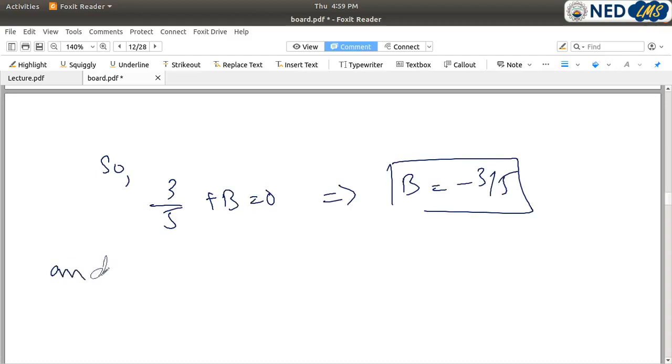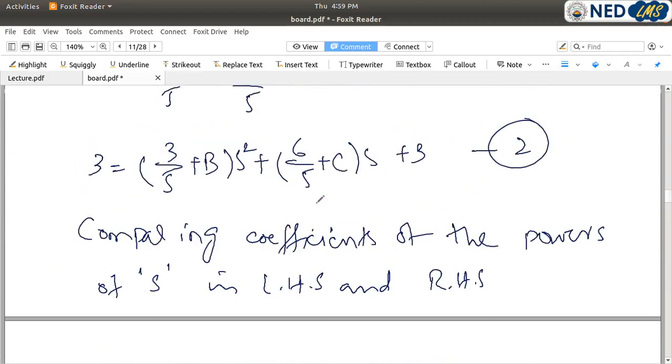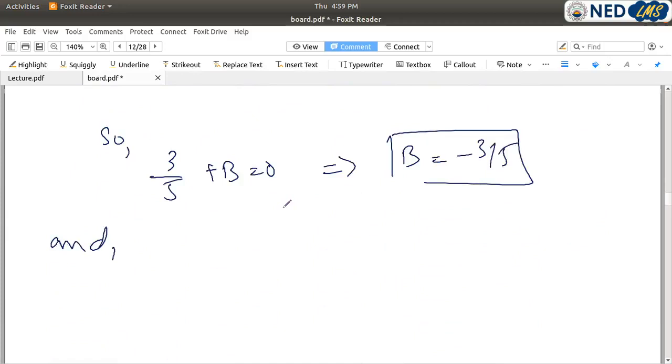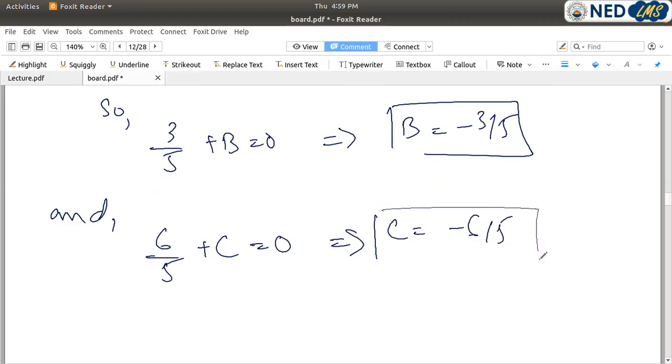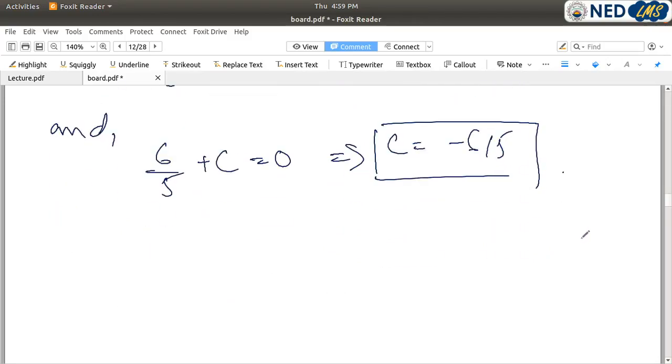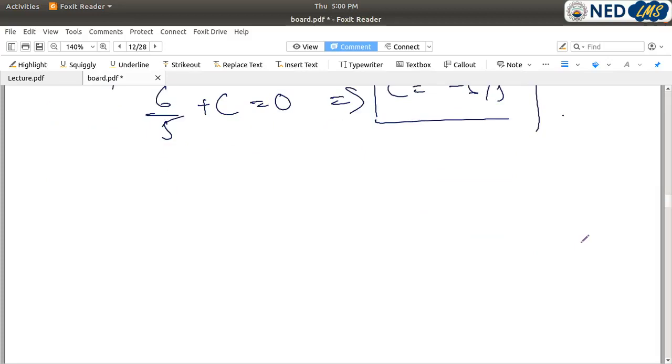and the coefficient of s here is 6 by 5 plus c, and the coefficient of s is 0 here. So 6 by 5 plus c is equals to 0, and it will result in c is equals to minus 6 by 5. Now we have evaluated all the constants, so write the partial fractions.